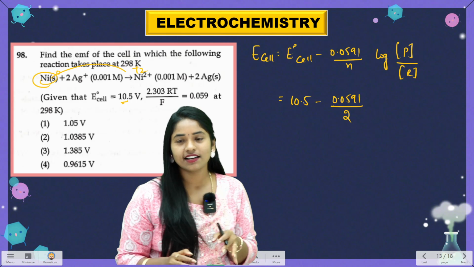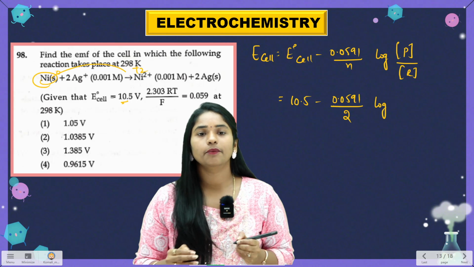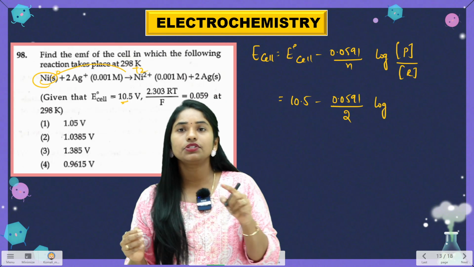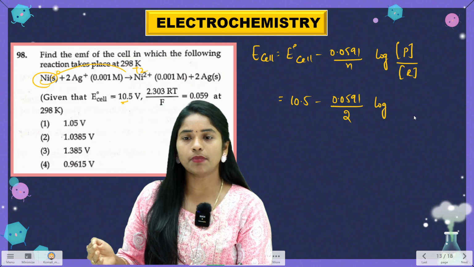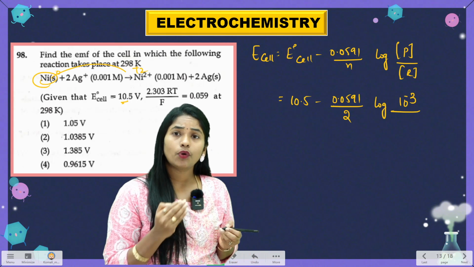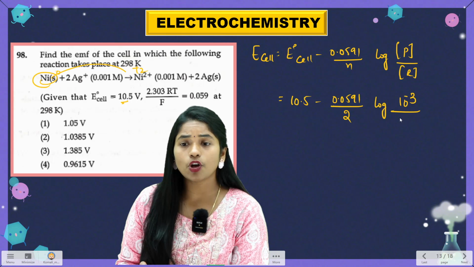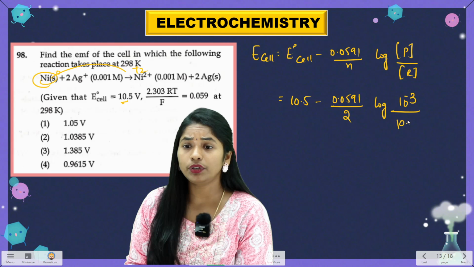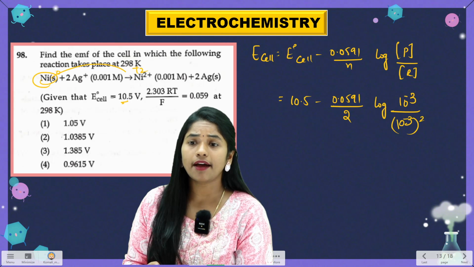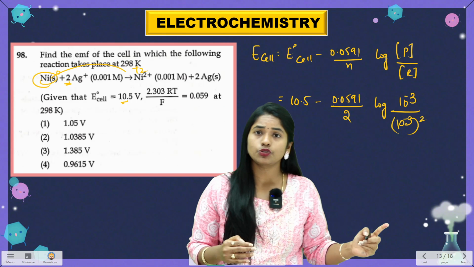Is it clear? Now log of products divided by reactants. What do you mean by product concentration here? 0.001, that is 10 to the power of -3. Then divided by the reactant concentration, 0.001, and its concentration power we have to take, because 10 to the power of -3 whole square I have to take, because here the stoichiometric coefficient before Ag+ is 2. Done.